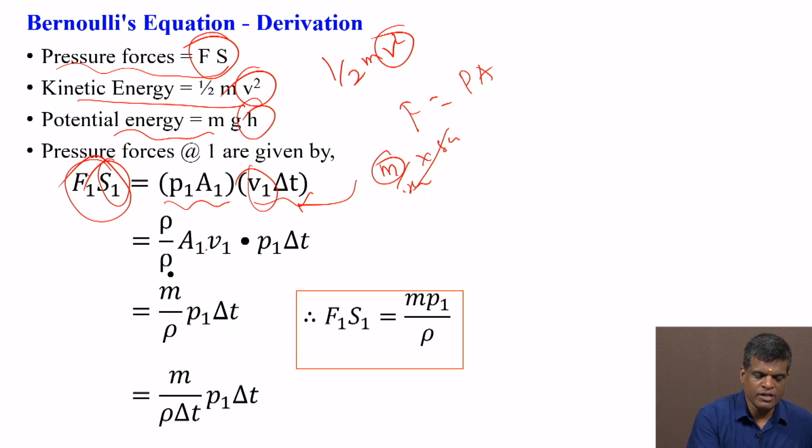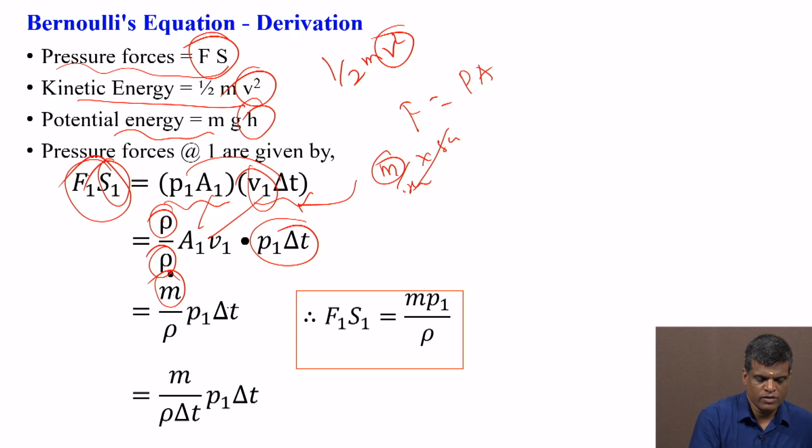So, in the same equation you make the numerator and denominator divided by density. Then you can rearrange the equation: A1 V1 times density, then P1 delta T over density separately. So rho A1 V1 is m dot, the mass flow rate.